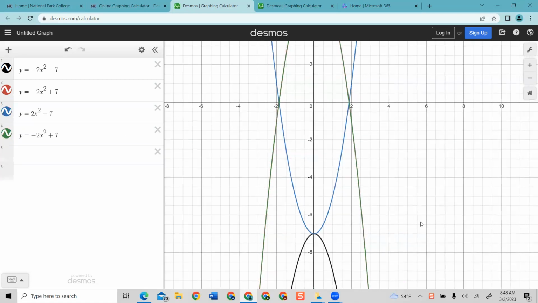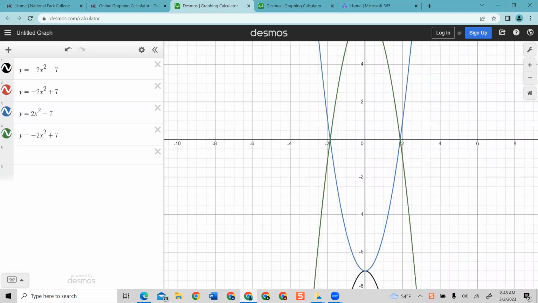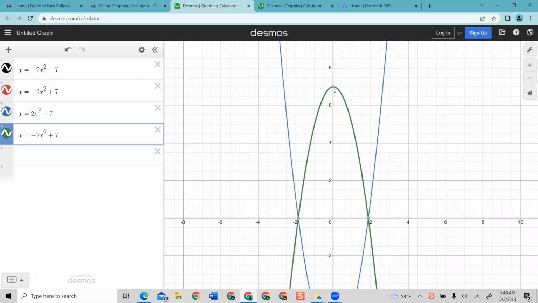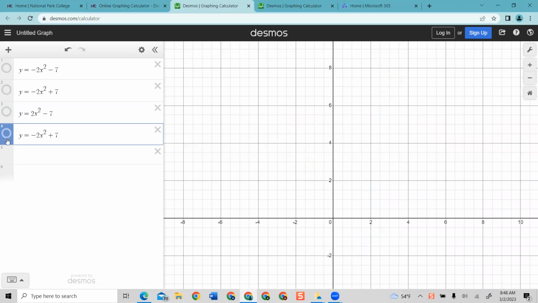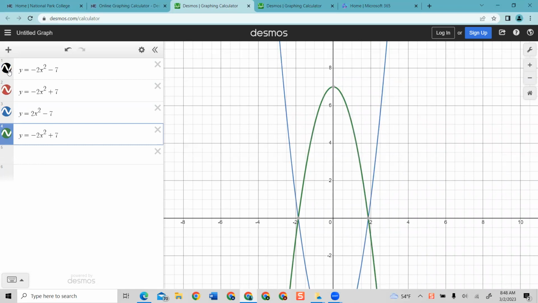Should have done that. Now the green one is it. And look, it color codes you over here on the side. It lets you know what it is. If you wanted to just focus on one, you can click on them over here. So there's multiple things to do.